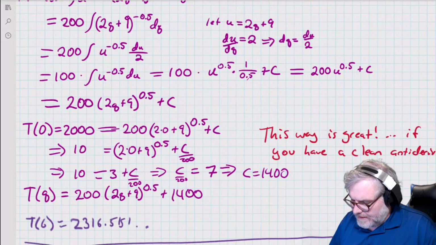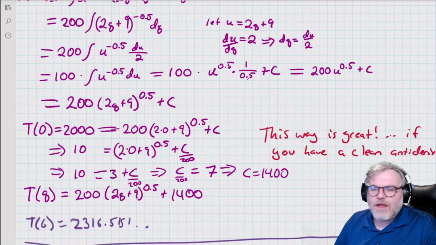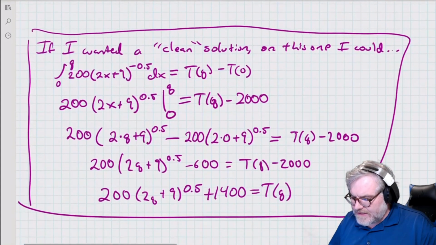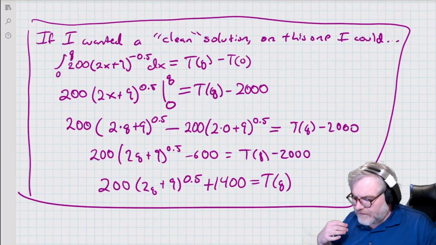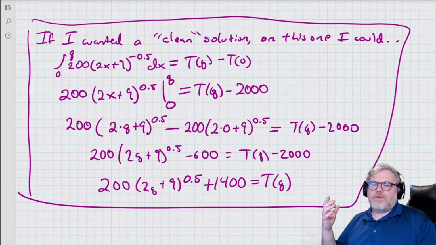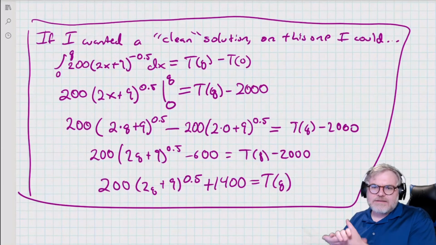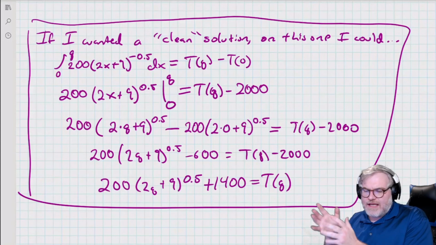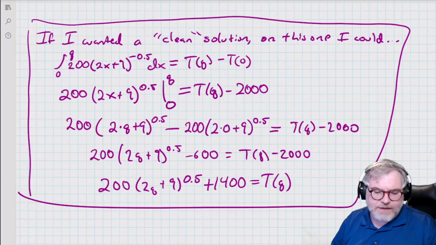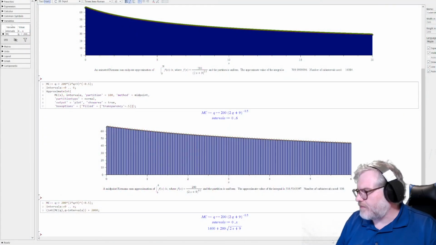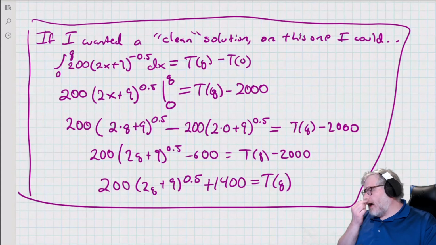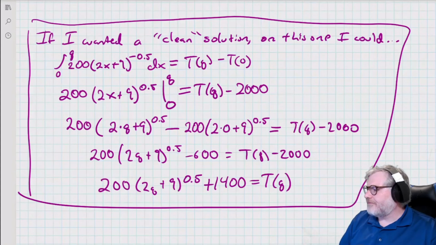Right, this and this are the same numbers. Okay, so that's the other way to do these problems. You could solve these with the clean solution, and this is that antiderivative, by the way. That's what the computer just did right here. That's this worked out. So I could solve it that way.